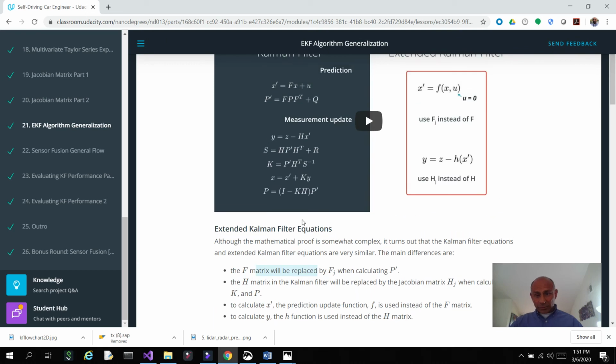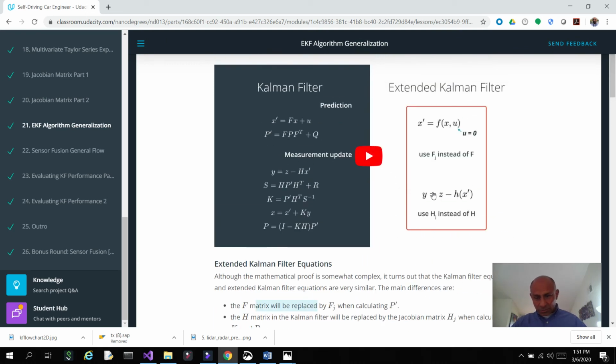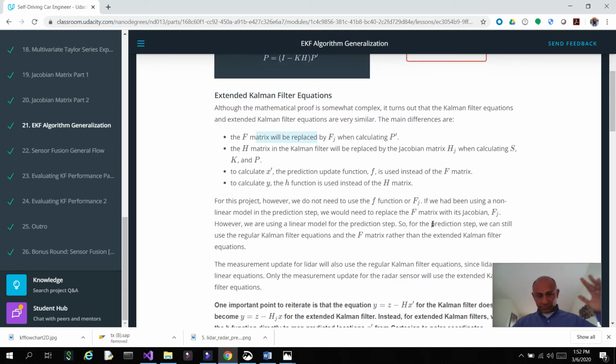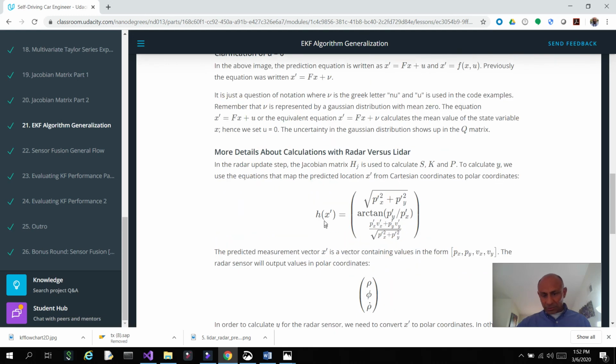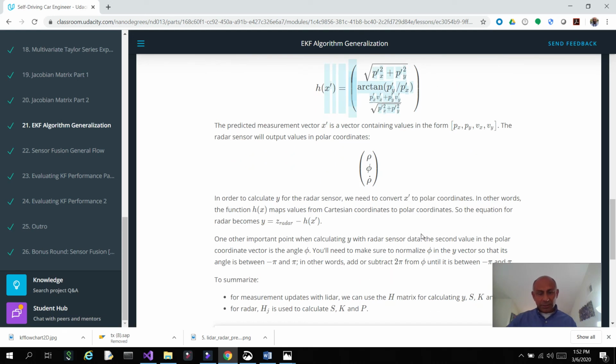And to calculate y, instead of H we use the h(x) function, which was rho, phi, rho dot, where rho is the square root of px squared plus py squared, phi was arctan of py divided by px, and similarly for rho dot. Exactly.